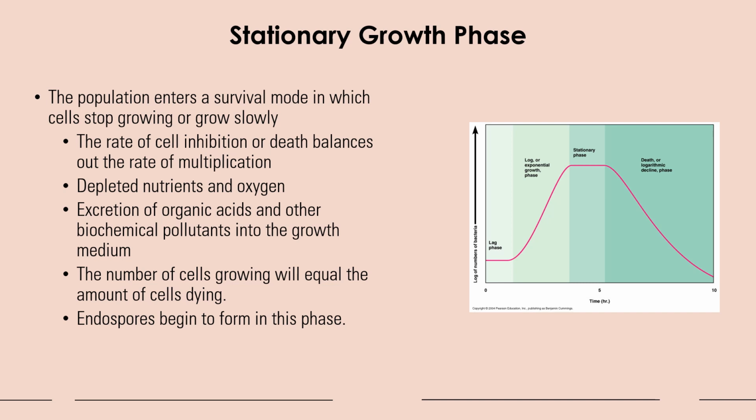The population enters a survival mode in which cells stop growing or grow slowly. The rate of cell inhibition or death balances out the rate of multiplication. Depleted nutrients and oxygen, excretion of organic acids and other biochemical pollutants into the growth medium. The number of cells growing will equal the amount of cells dying. Endospores begin to form in this phase.